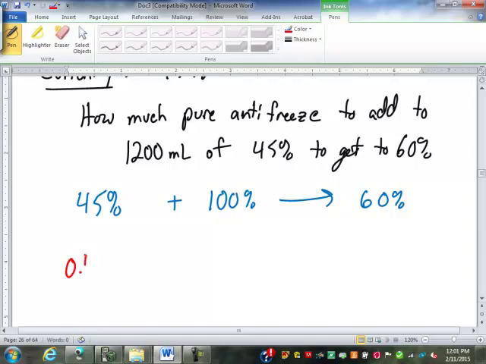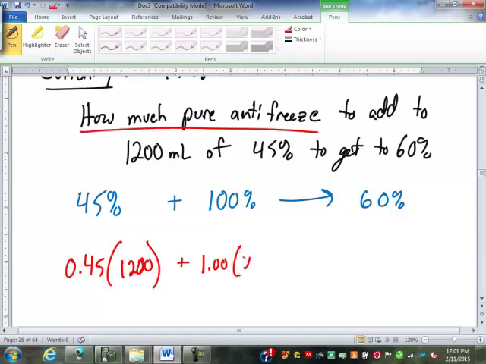So it's 0.45 times 1,200 plus the amount of the 100%. Well, 100% will be just 1.00. We're looking for how much of the pure antifreeze, so that is x, equals 60%, 0.60. And that's going to be 1,200 plus x is that amount.